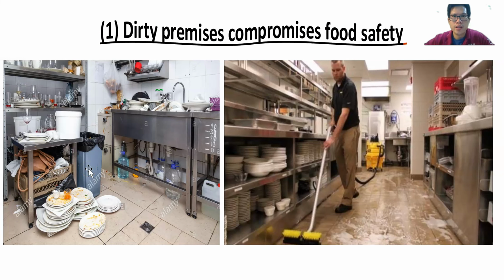So if you look at this dirty premise, compromised food safety is very obvious and more or less common sense. Looking at this, it's not very ideal. Plates are on the floor, dirty, which can attract all kinds of pests. It's right beside the rubbish bin and doesn't seem to be well maintained.